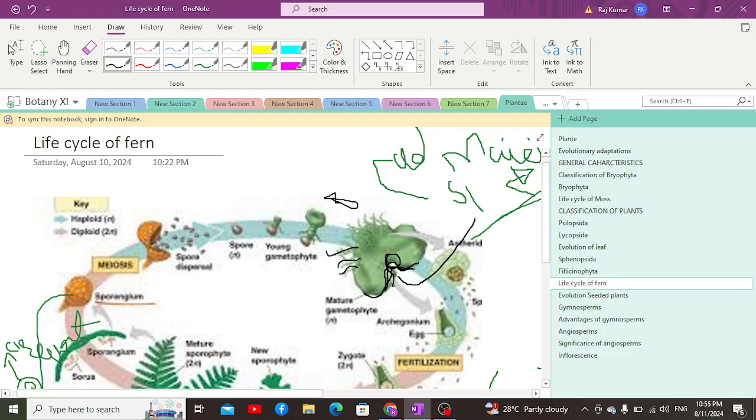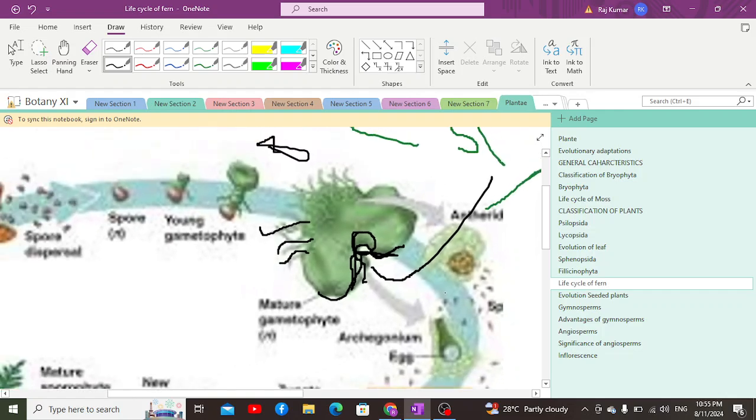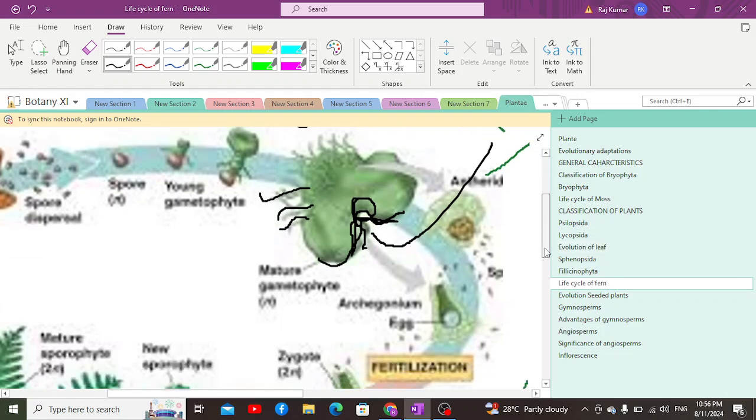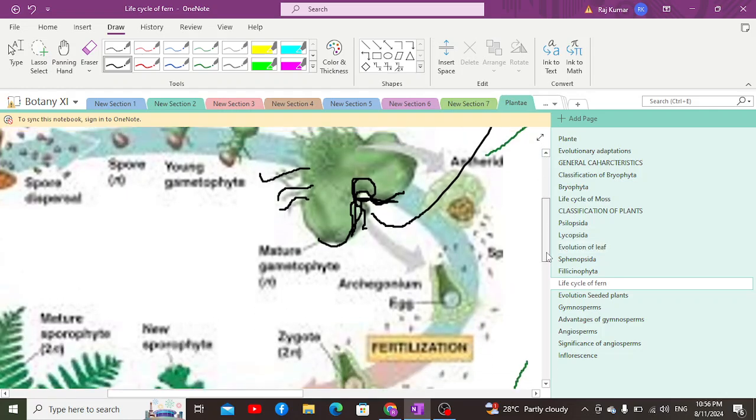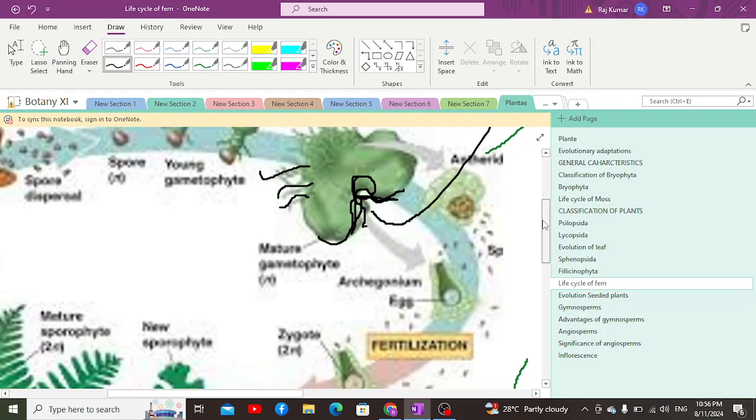Now, during young age, the male and female gametangia are scattered all around the gametophyte. But the mature gametophyte has archegonia on the anterior end near the notch, and antheridia on the posterior end scattered among the rhizoids.